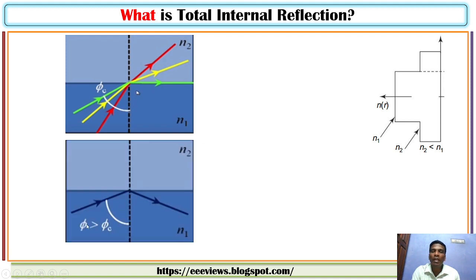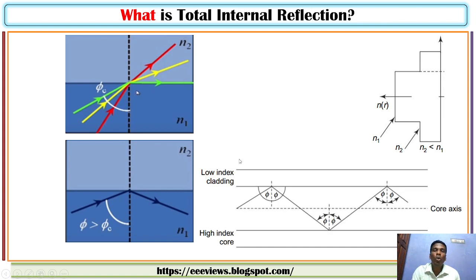You can see in this slide, when the light is incident at an angle greater than the critical angle, then instead of refracting, the light is reflected. This type of reflection is known as total internal reflection. In optical fiber we are using this total internal reflection.